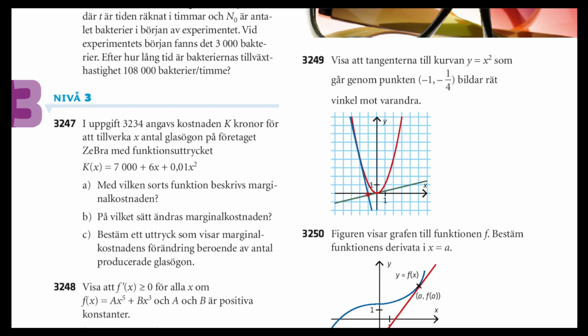And from this point, you can see that we can apparently draw two tangent lines to this curve, which is the graph of this function. The point of this exercise is to show that the tangent lines are perpendicular to one another.